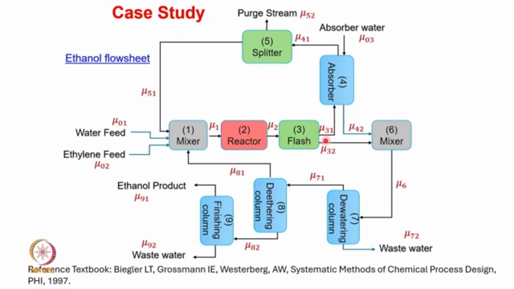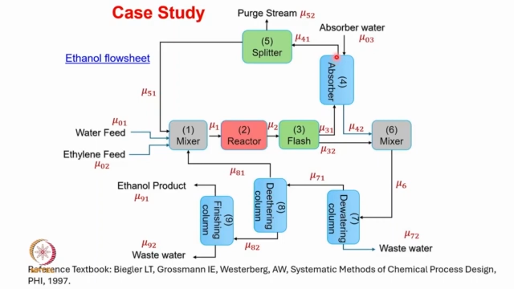The vapor stream is represented by mu 31, whereas the liquid stream is represented by mu 32. The vapor stream from the flash unit is then charged to the absorber unit, where the key component ethanol is absorbed using water. The fresh water charged to the absorber has a molar flow rate of mu 03.